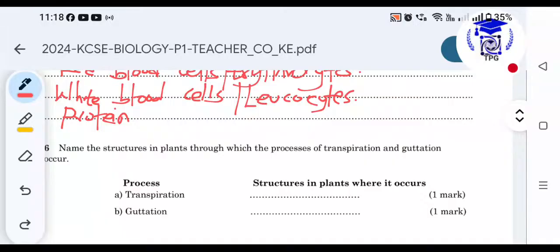The structures in plants where transpiration takes place are the stomata. The structures where guttation takes place, we call them hydathodes.